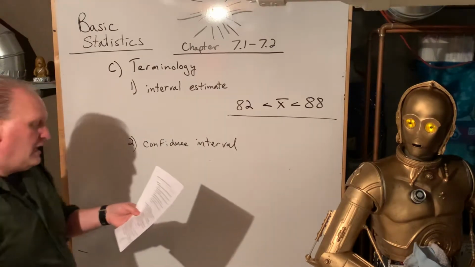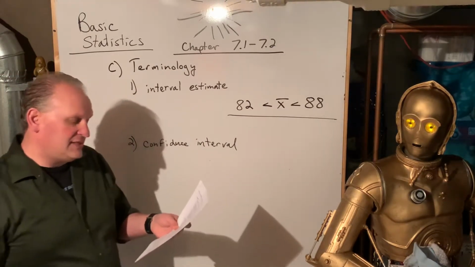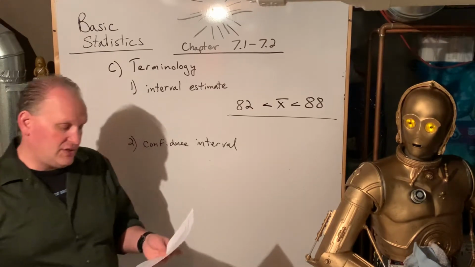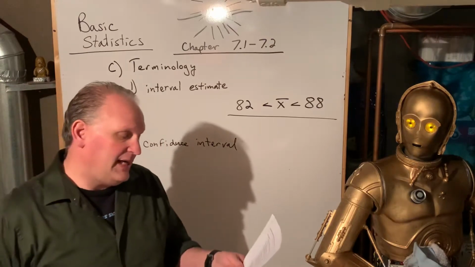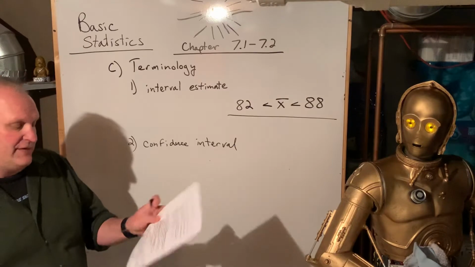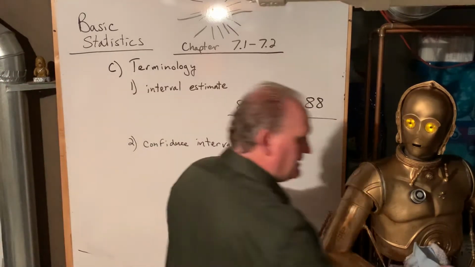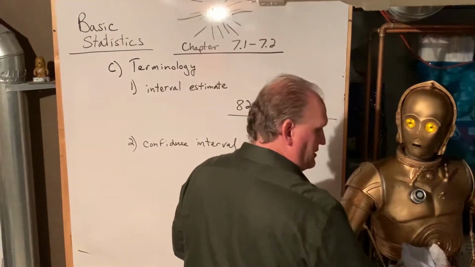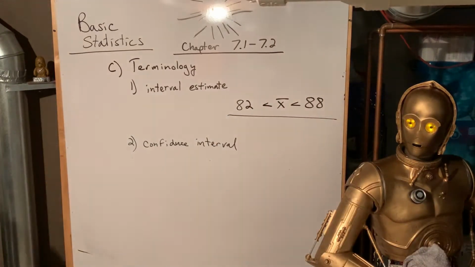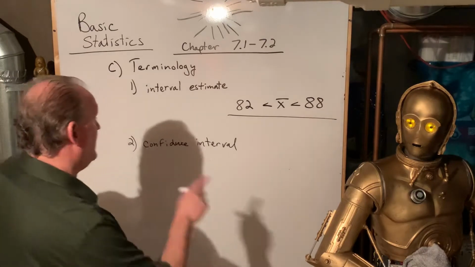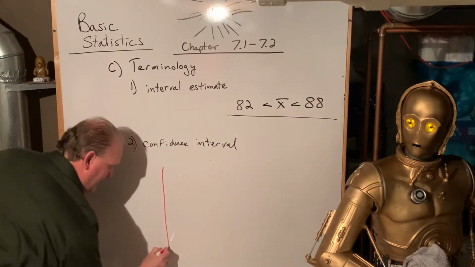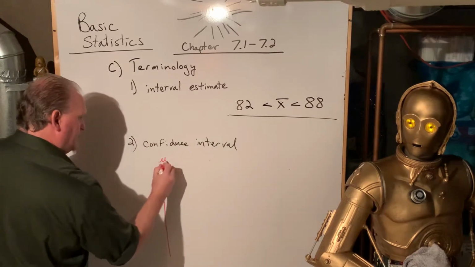All right? A confidence interval is a specific interval estimate of a parameter, that's what's being measured again, determined by using data obtained from a sample and the specific confidence level of the estimate. So what that means, and this is a little confusing, is that this red line is mu.